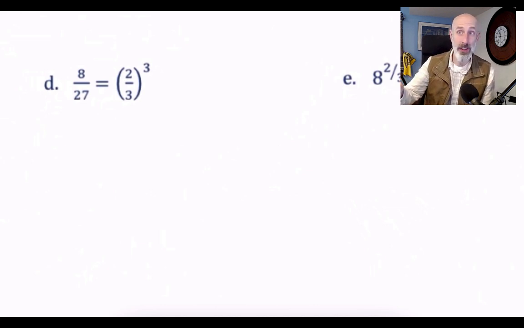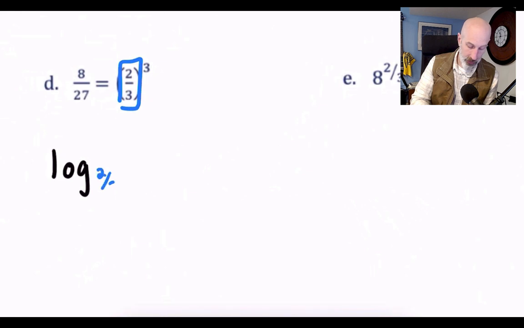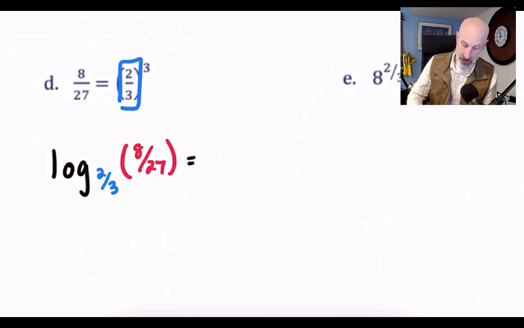As long as this fact is true, which it is, we can say that log base 2/3 of the answer 8/27 is going to be equal to the exponent 3.